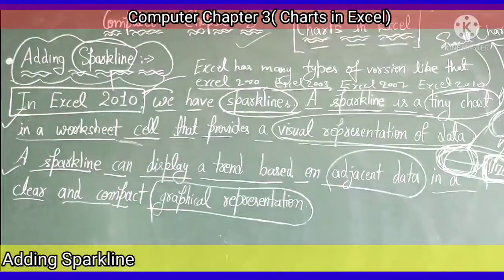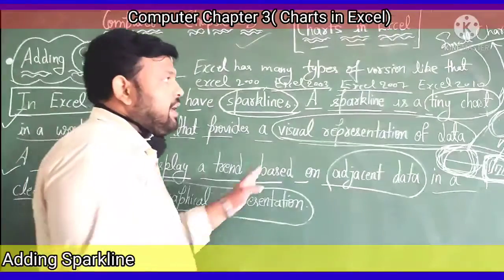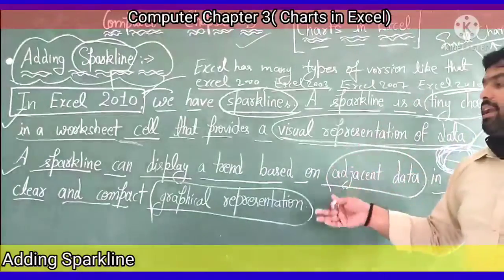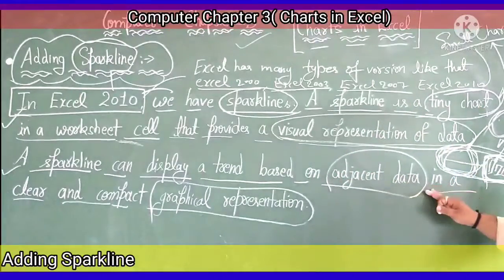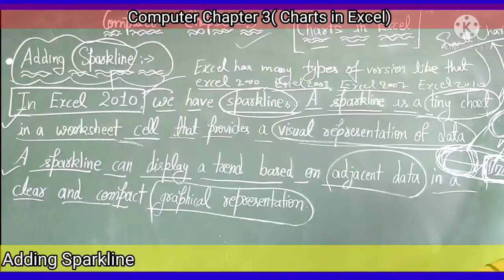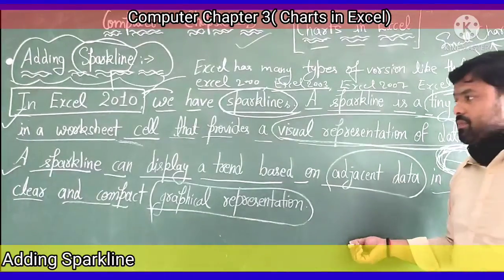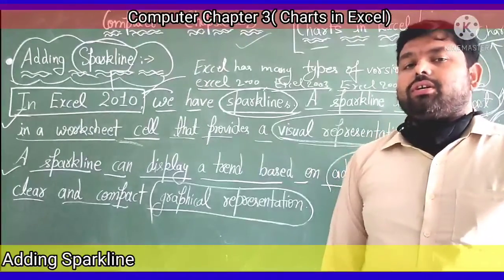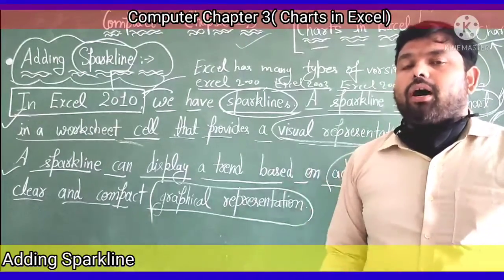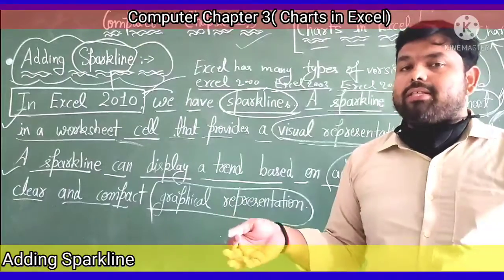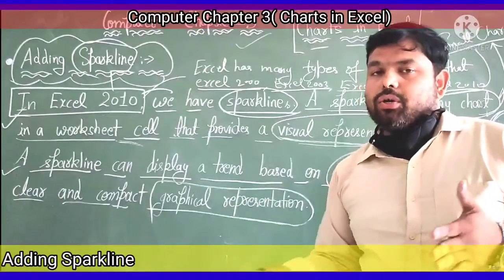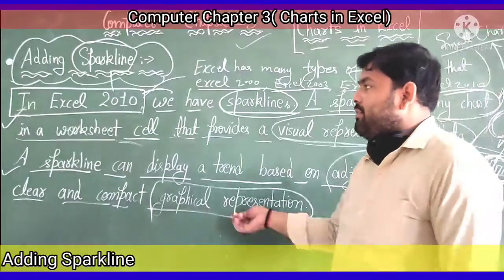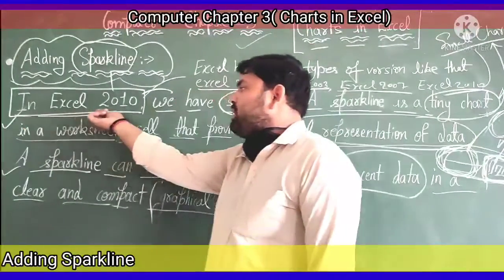This graphical representation is visualized for you, because when you create a small tiny chart, that is called a sparkline, and it is created based on adjacent data. So this is a very enhancing and attractive feature because both are visualized directly. Both means the data series along with the tiny chart. And this feature is available in Excel 2010.